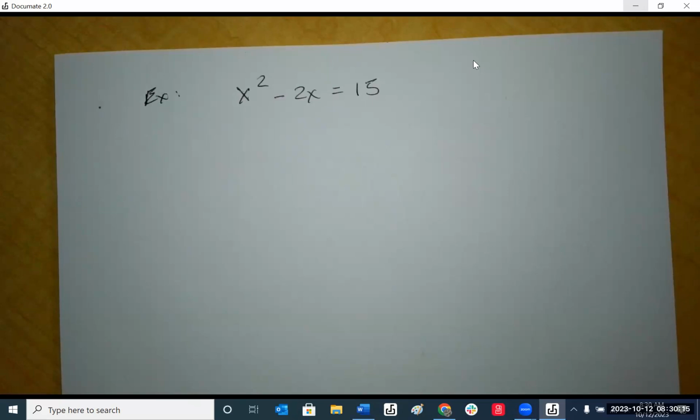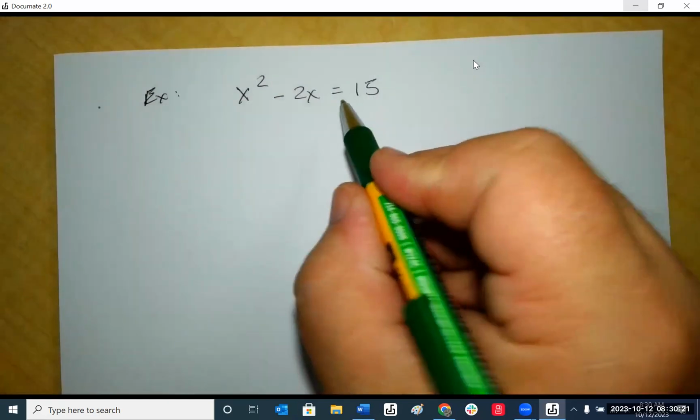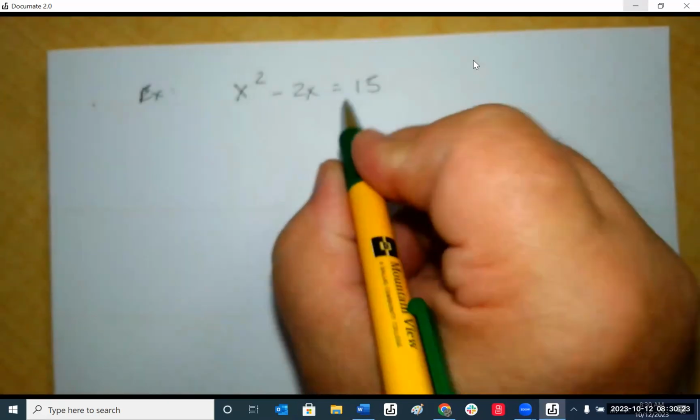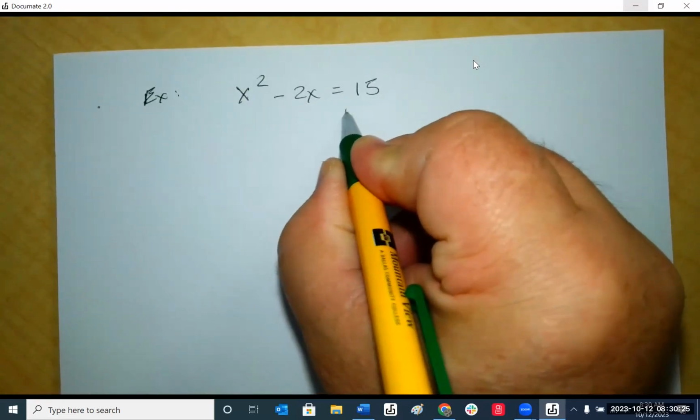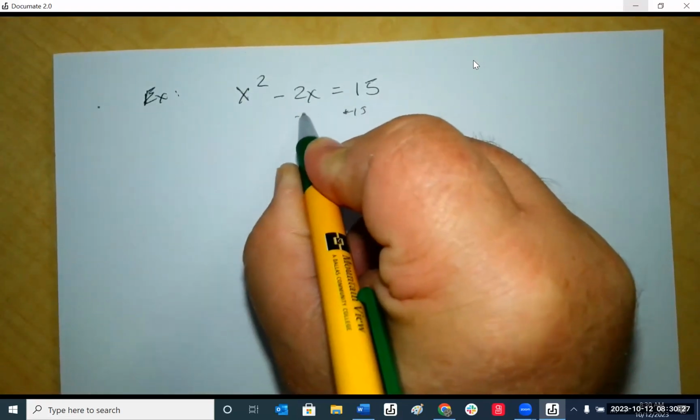What's my first step? Right, because it's an equation, it has to be set equal to 0. So we have to subtract 15 from both sides.